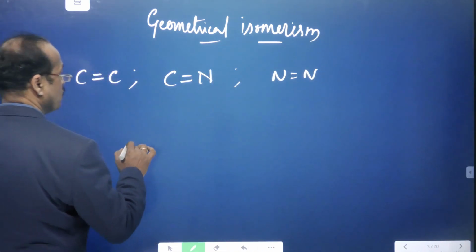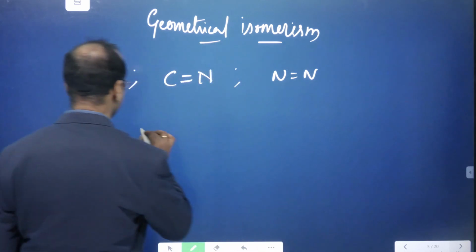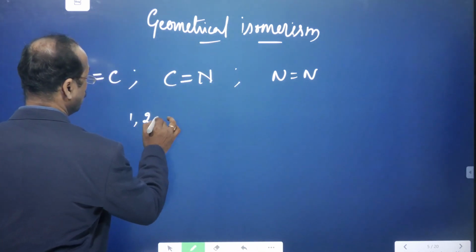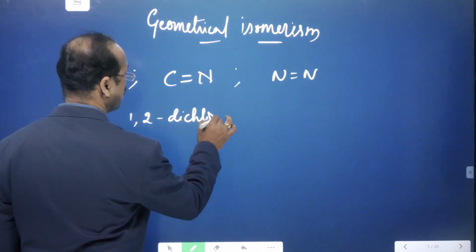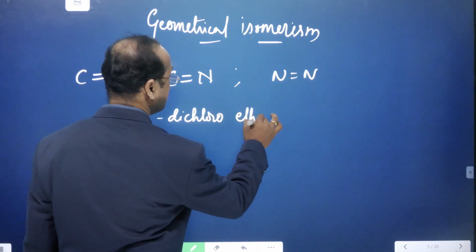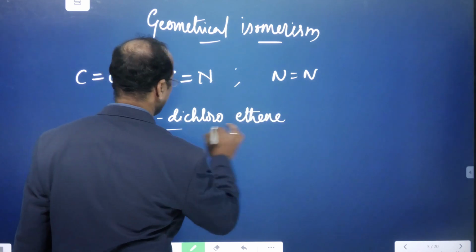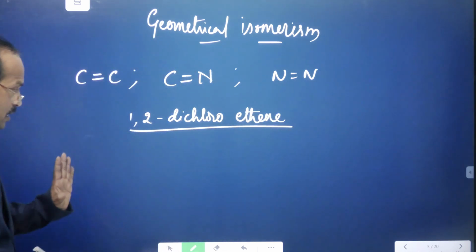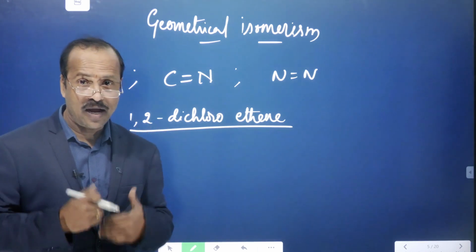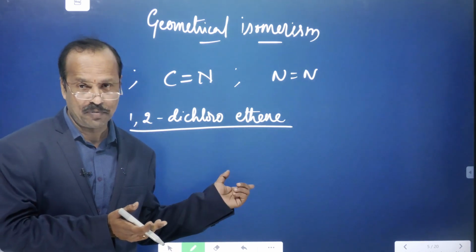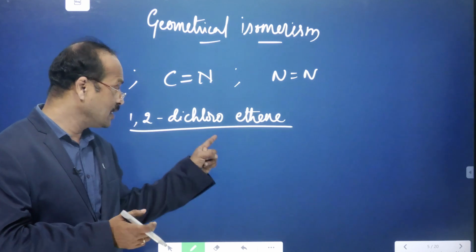The example I am going to give you is 1,2-dichloroethene. How can you write the structure? Before this I gave the structure and explained how to give the name. Now the name is there, and I'll explain how to write the structure.